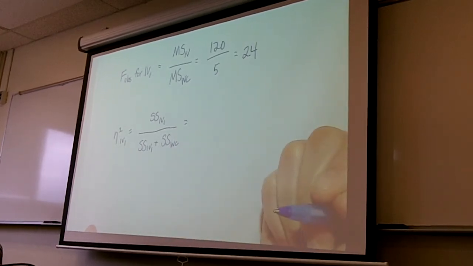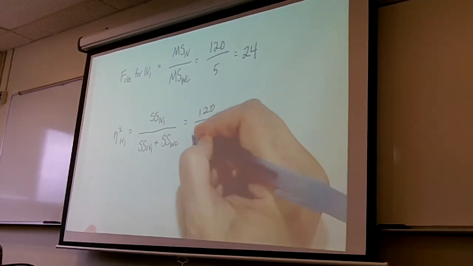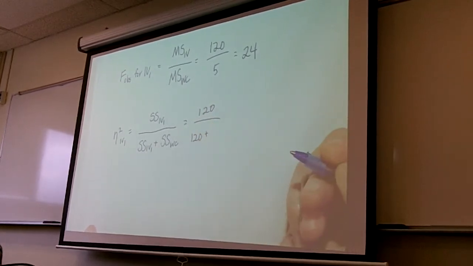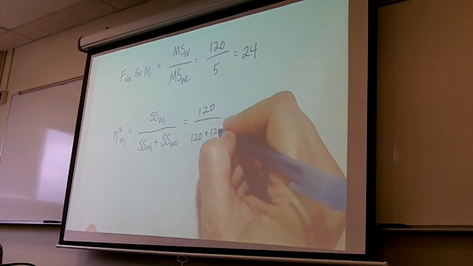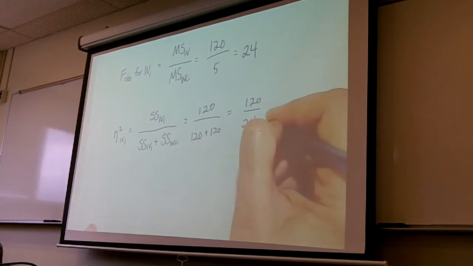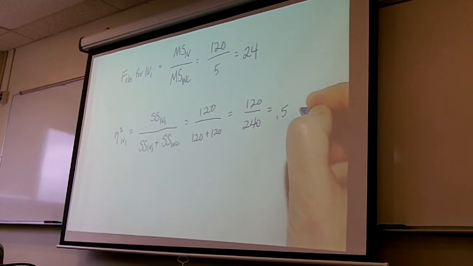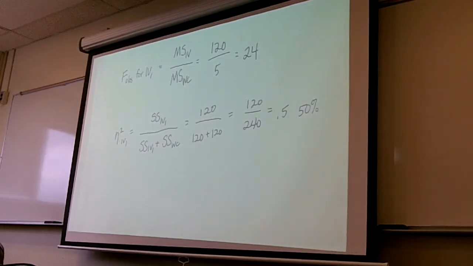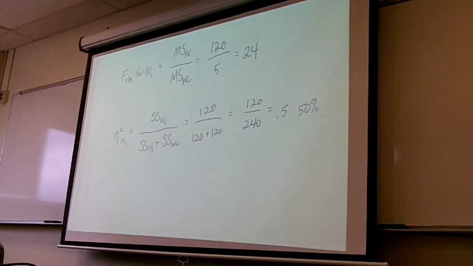My sum of squares for IV1 is 120, plus my sum of squares within is also 120. So that's 120 over 240, which is 0.5 or 50%. Cool.